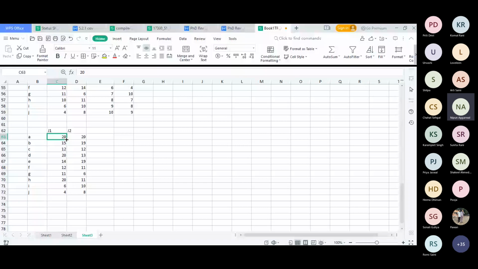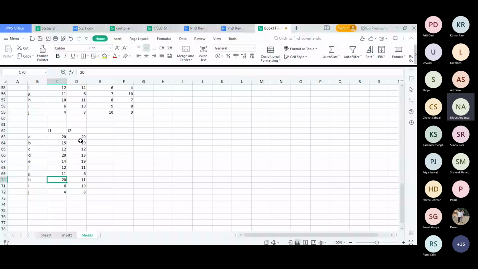For that, we have to see which ranks clash. We see the clash in this 20, this 20, and this 20. So three ranks clash, maybe 1, 2, and 3. If we gave different ranks, it could be 2, 1, 2, and 3. So we take the average of 1, 2, and 3 and give that average rank to all three. That means 1 plus 2 plus 3, which is 6, divided by 3, that is 2.